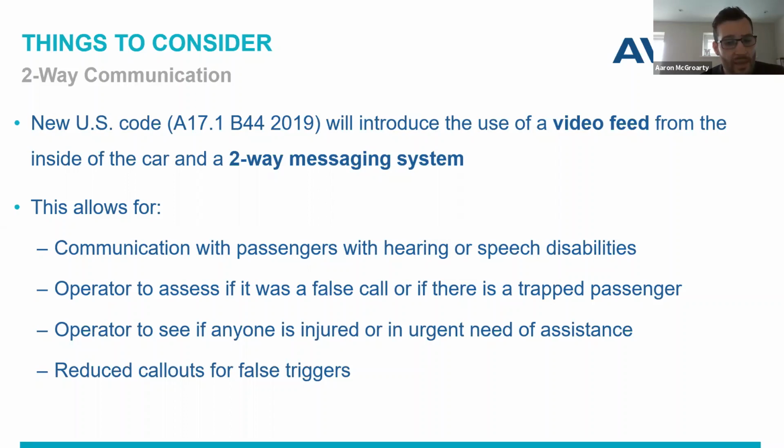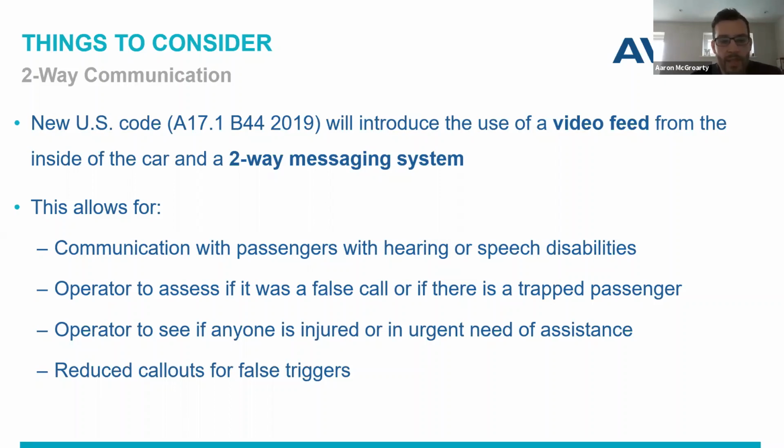Now, this is particularly useful for people that might have hearing or speech disabilities that can't communicate using a regular emergency alarm phone. So it includes the ability to press either yes or no to different questions that are called in by the call center or the person attending the call. It also allows the call center to assess what the situation is in the car.